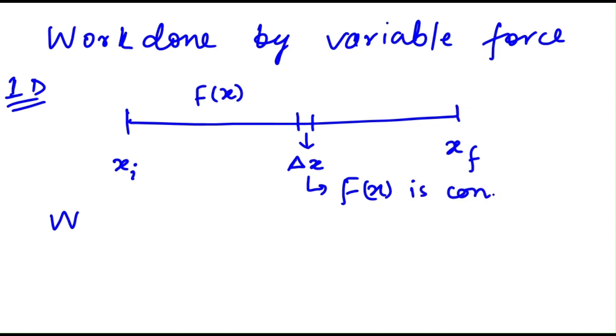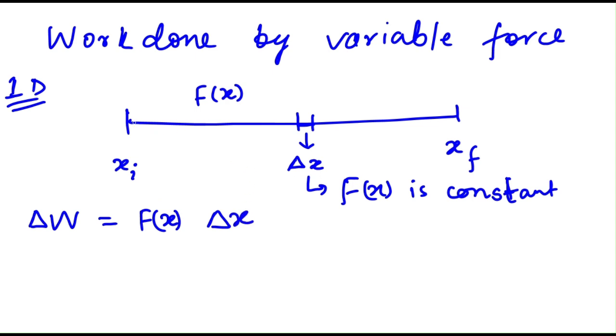Over a small delta x, we can consider that force is not varying much, so we can consider the force is constant. And then we will have small work done for this displacement, delta W, and that delta W we can write as force, now we are considering it constant, into this delta x.